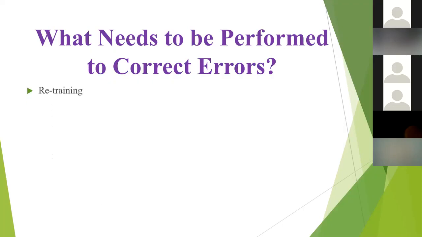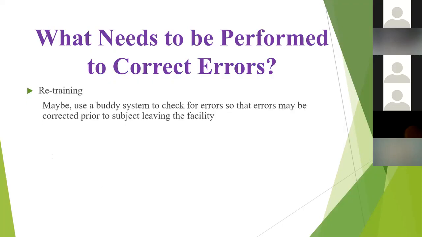Retraining. That may be what has to happen. Maybe you use the buddy system to check for errors. How that would work is the research staff member obtains consent, then they go along with the subject to finish their clinic visit. They may hand off that consent form to their buddy for a second set of eyes to check to make sure everything's there.